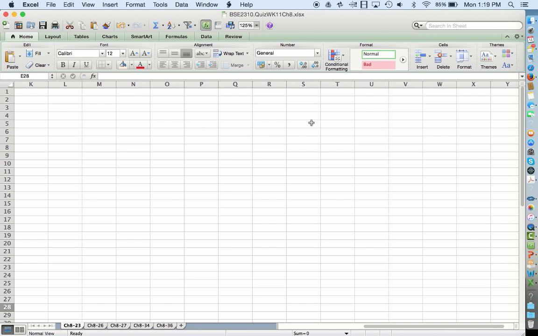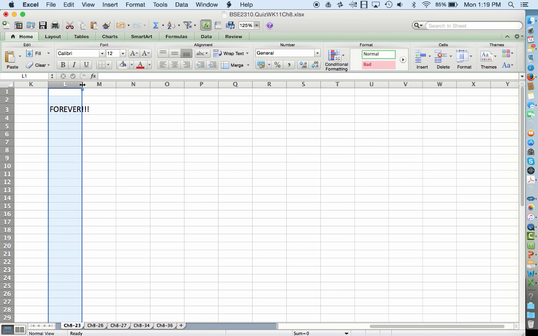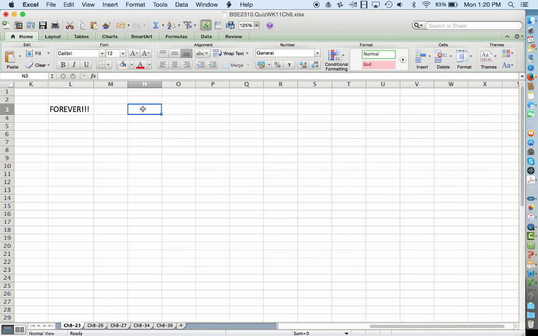Okay, so forever is a very particular financial concept. What does forever allow us to use in terms of a calculation to figure out the value of something forever? It's a perpetuity. This is a concept we talked about in chapter 5.